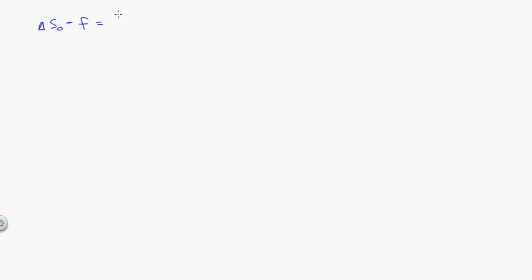So if the stock goes up in price, so stock today goes up, S times U, and I have delta shares, that's the value of my stock, minus the value of the option, F sub U, which means the stock has gone up, so that's the value of the option if the stock goes up.